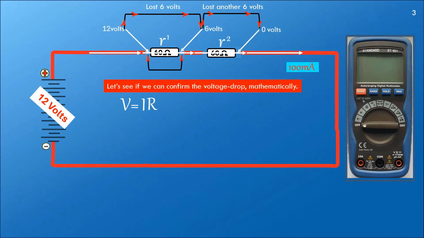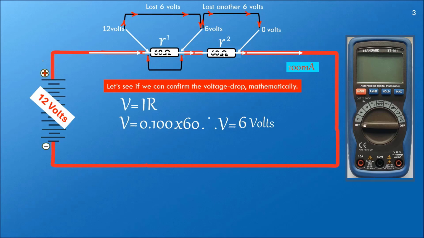So we are looking for V, and we know the current to be 100 milliamps and the resistance 60 ohms. If we do the maths, therefore, V equals 6 volts.